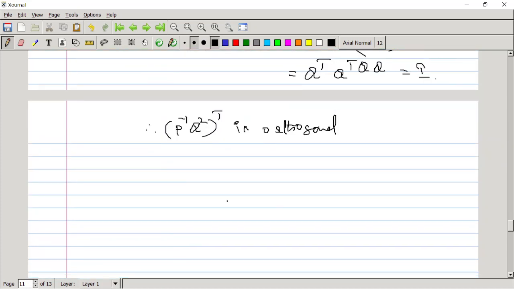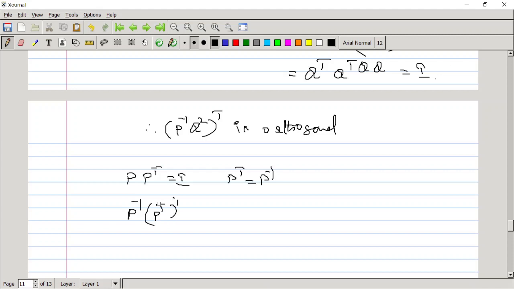So we have that P is orthogonal. That means P into P transpose equal to identity, or we can say P transpose is nothing but P inverse. So we have to check whether P inverse into P inverse transpose is equal to I or not.